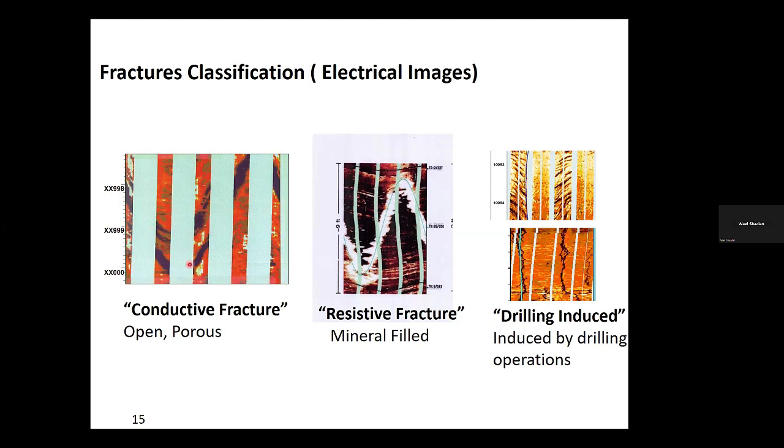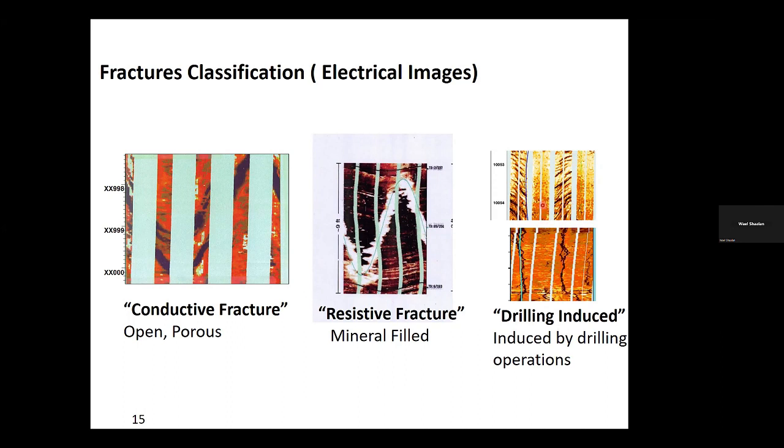If it appears dark, which we call conductive, we can say it might be open, but we cannot say 100% it's open unless we have, side by side, maybe an acoustic image that can confirm that it is open, or cemented. But it is 100% sure if we are dealing with water-based mud and the fractures appear white, like here. Then it is mineral filled, or closed, or cemented fractures.